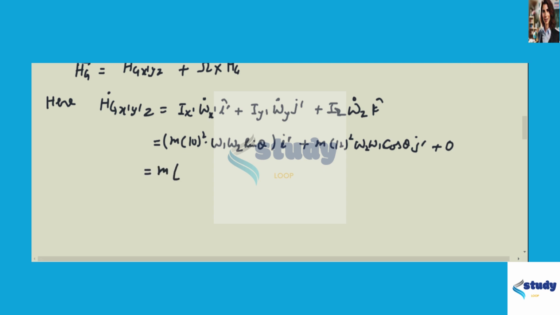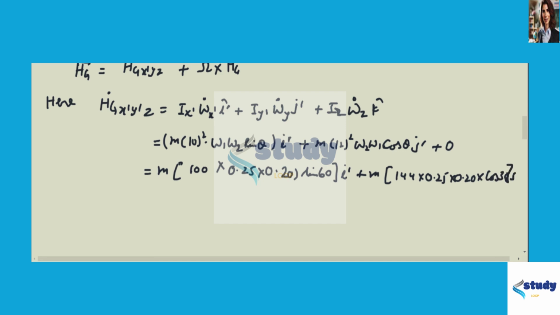M you can take common: 100 into 0.25 omega 1, omega 2 0.2, sine of 60, i dash, plus m, 144 omega 2 0.25, omega 1 0.2, cos 60, j dash.